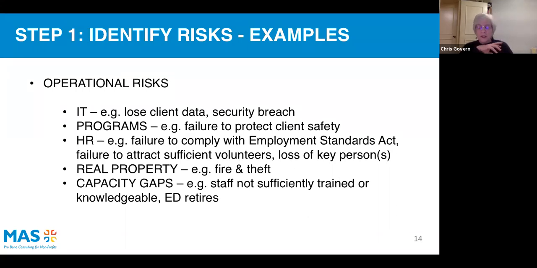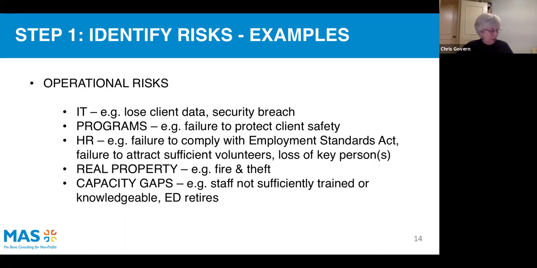One that I think organizations and boards need to think about is what I would call capacity risks. What I see is organizations having increasing capacity gaps, which result in the organization taking on risks that they may not be appropriately mitigating.